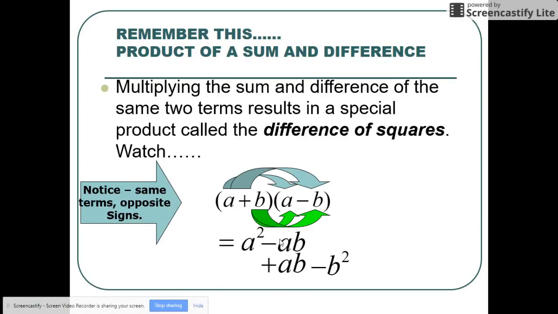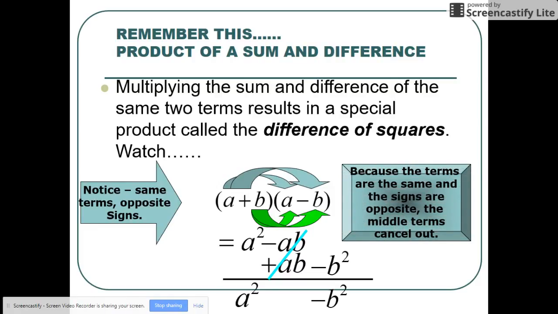These two cancel themselves out, and you're left with negative b squared. So let's look at that. A squared comes down, those two cancel out, negative b squared comes out. Because the terms are the same and the signs are opposite, the middle one cancels out, which you do know already, okay? So you're left with a squared take b squared.